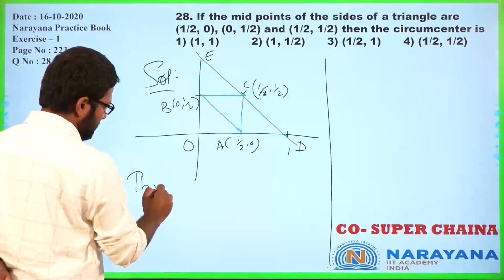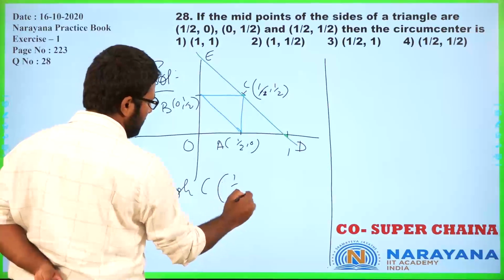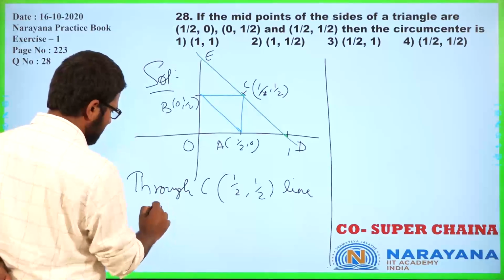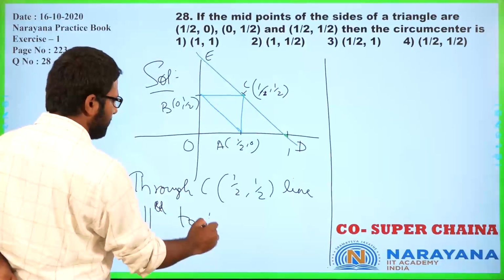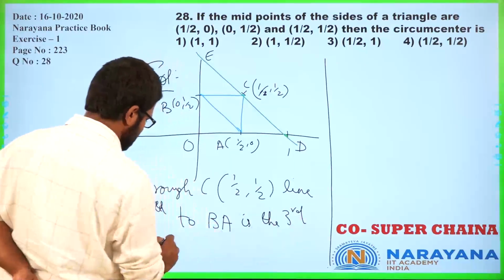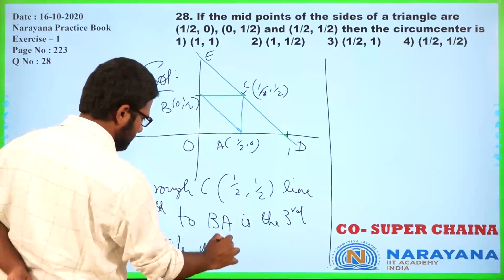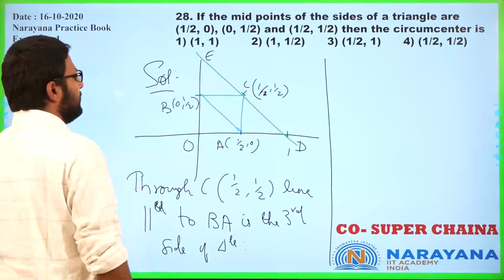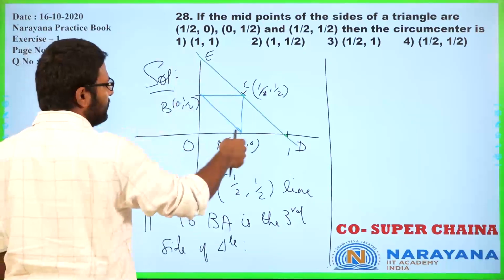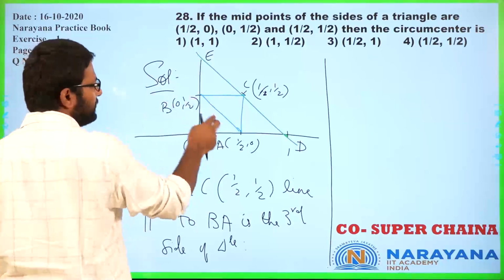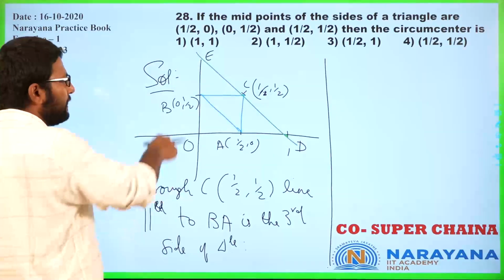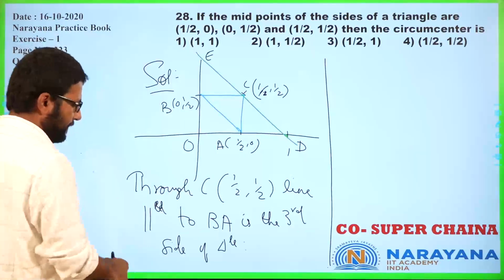So through C, half comma half, the line parallel to BA is the third side of the triangle. Automatically we know that. And then clearly BC is parallel to AD. So these two are parallel. AC is parallel to OE. So automatically the triangle then becomes ODE, right?